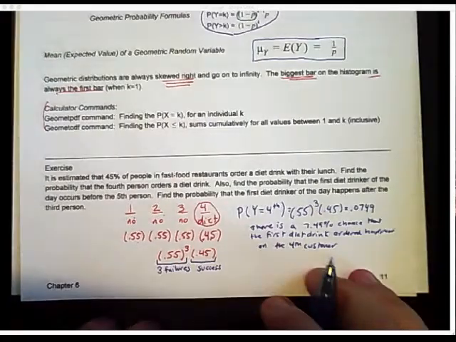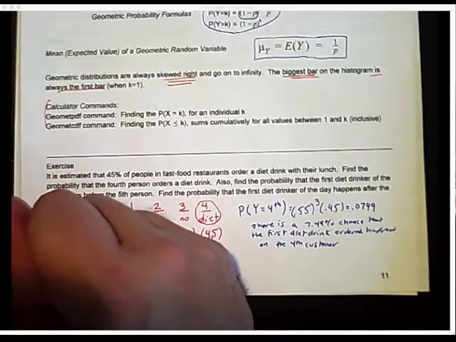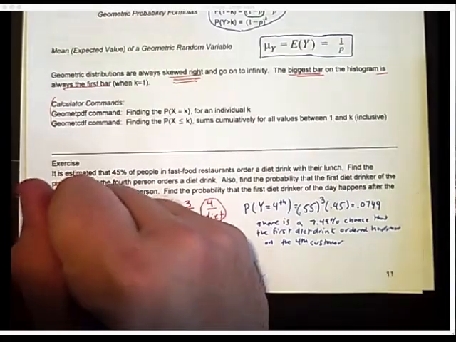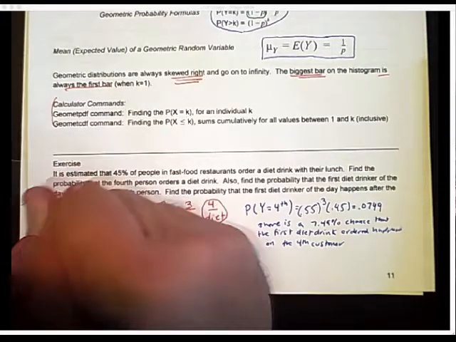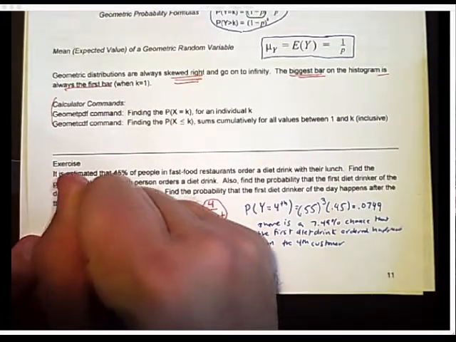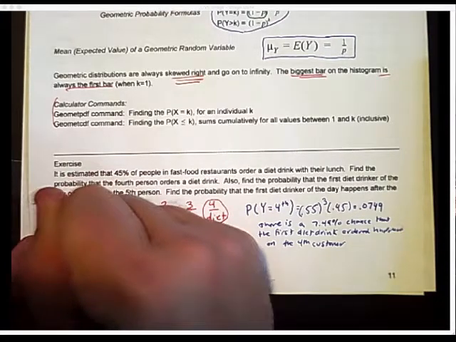So what does y actually equal? Y equals the trial in which the first diet drink is ordered.